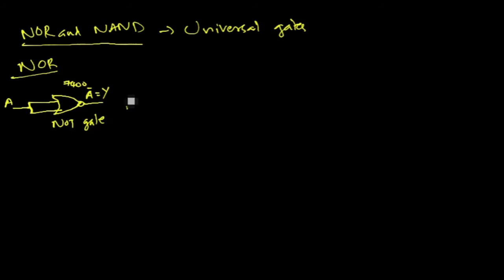Now if you consider a NOR gate, here we are giving two inputs A and B. The output, let's say Y1, is equal to (A or B) complement.